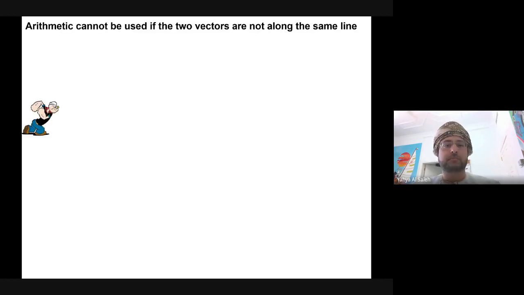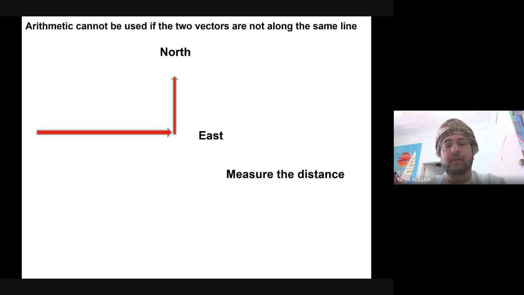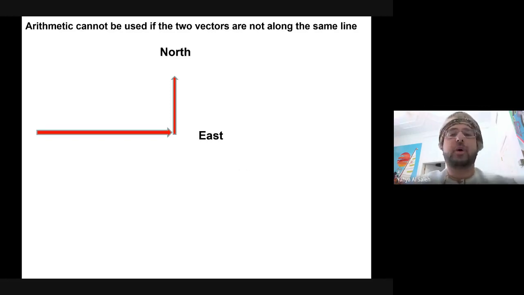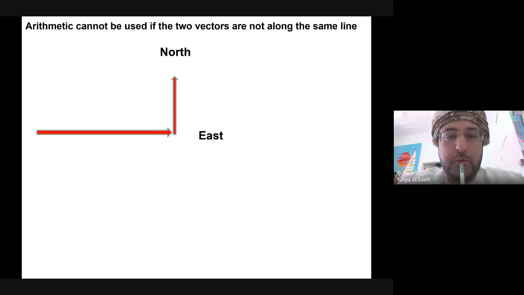So, what about now? Everyone knows this guy. Moves to the right, then goes up. He goes east, then north. Now, how do I define the displacement? A squared plus B squared equation.